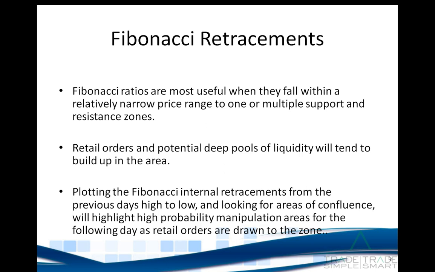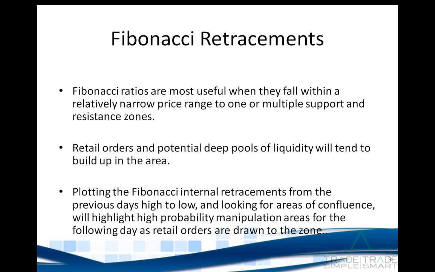So the simple process behind applying the Fibonacci retracements is we're going to look at the high and low range of the previous day's trading session. We're going to use these range or these swing points to anchor our Fibonacci internal retracements, and then we're going to look for a confluence with other technical levels for the current day's trading session.